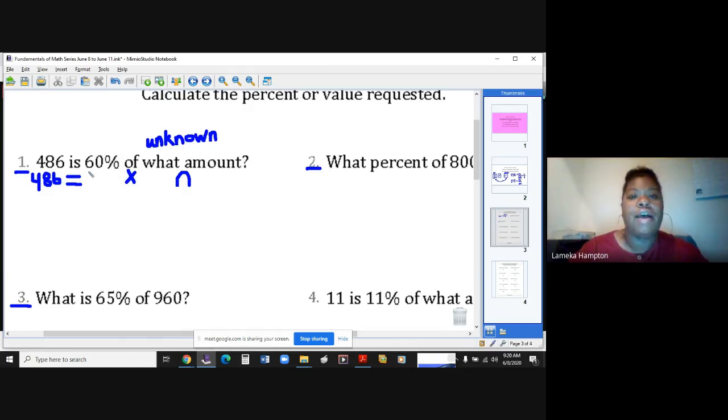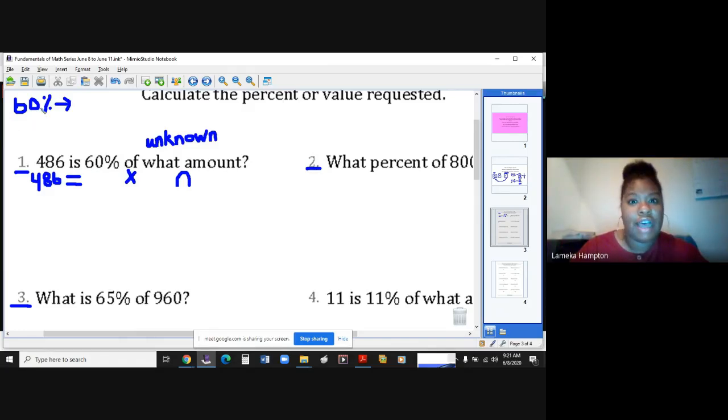So anytime you have a percent in your word problem, you may have to convert it to a decimal. So remember, when I convert this percent to a decimal, I am simply going to move my decimal, because 60 is a whole number.